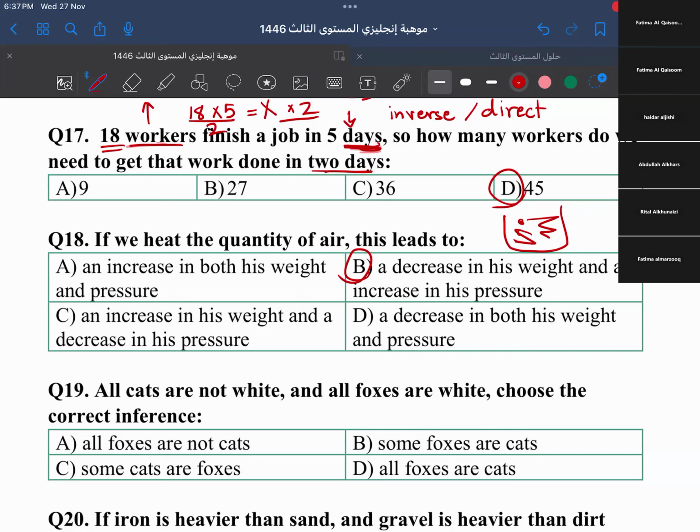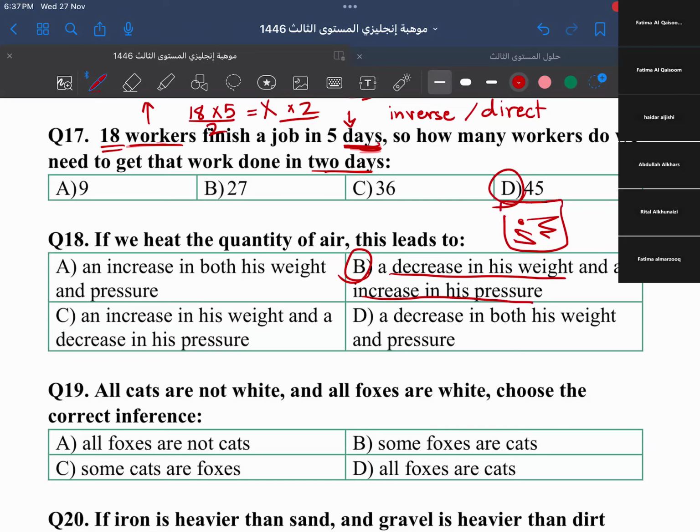So the faster or the more they move, the lesser the weight it's going to be. So you see, it's hard for you to weigh something if it's not staying still. So the weight would be decreased, and the increase in pressure is also because of this kinetic movement.